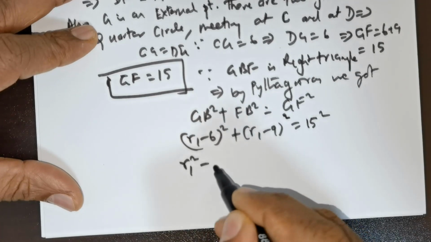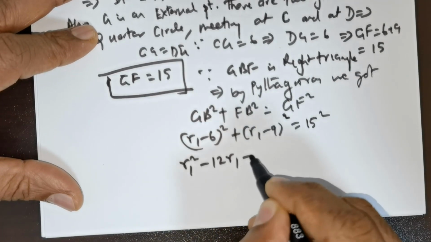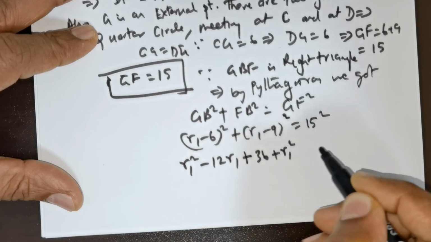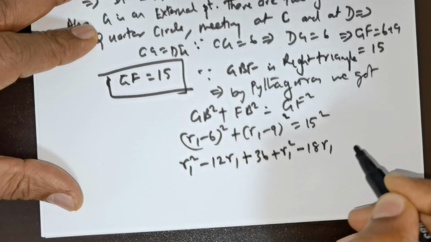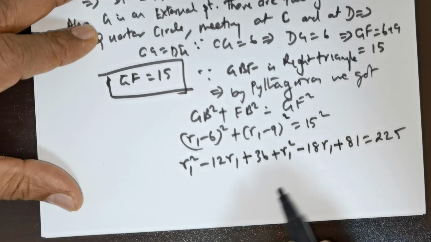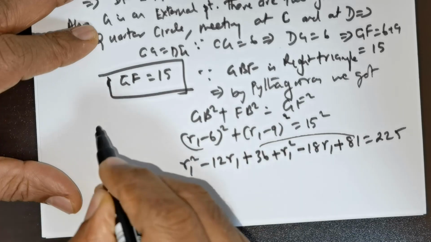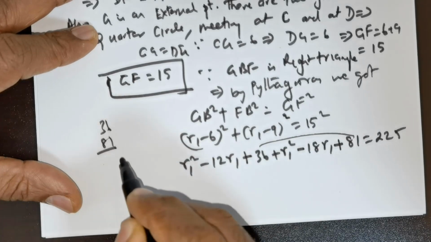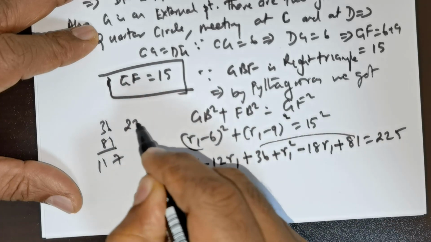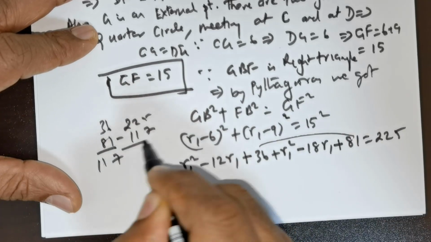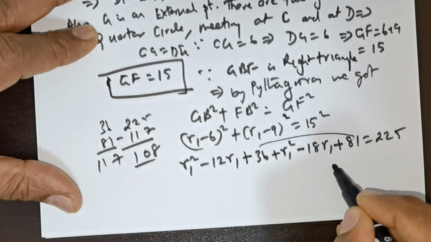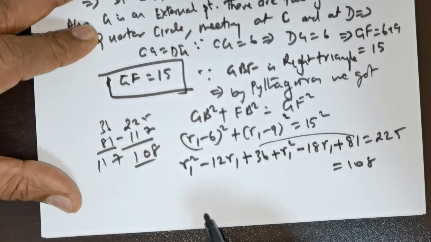This is R1 squared minus 12 R1 plus 36 plus R1 squared minus 18 R1 plus 81 is equal to 225. So add up these two, 36 and 81, that's 117. Push them to the other side. 225 minus 117 is 108. So you got 108 over here.